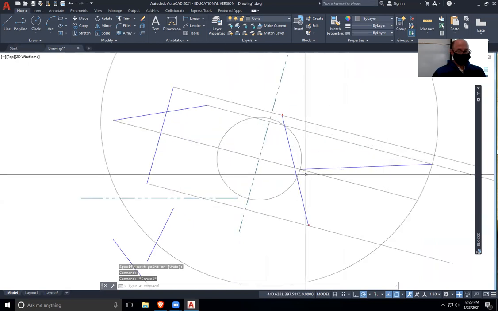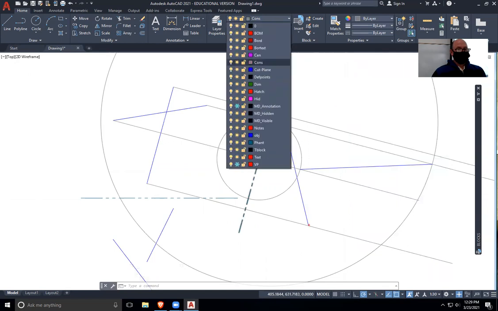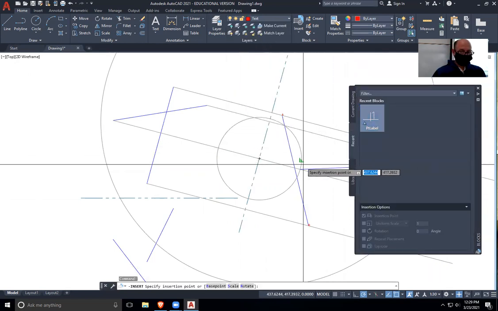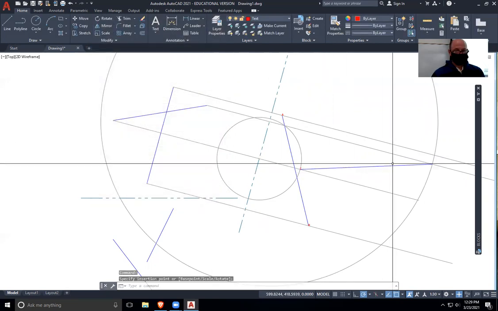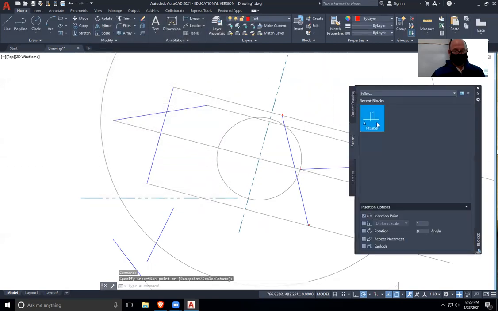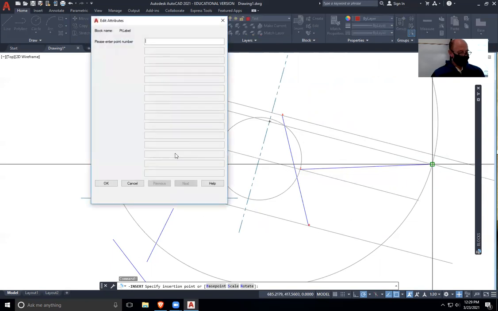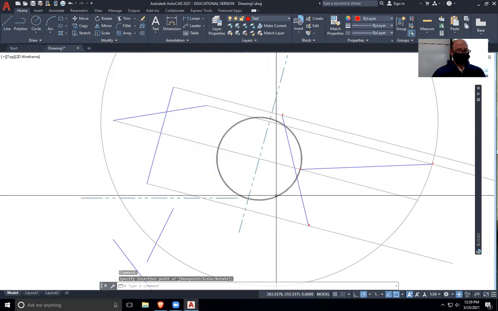So CD. Making a text layer, notes, either one. Okay.